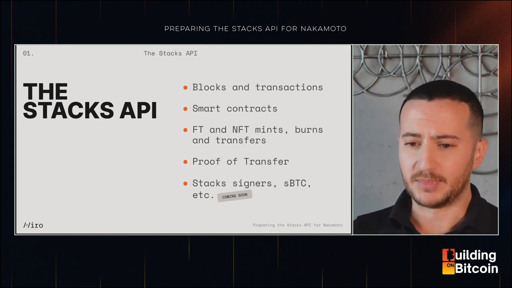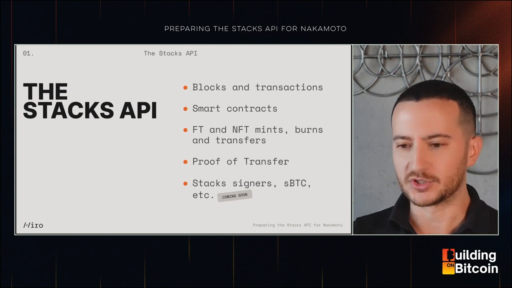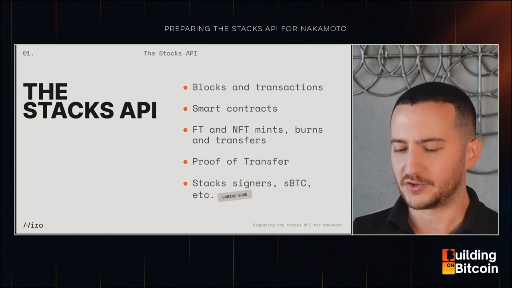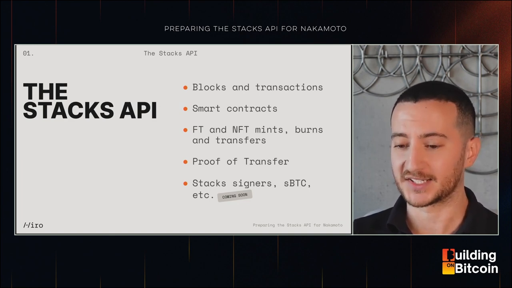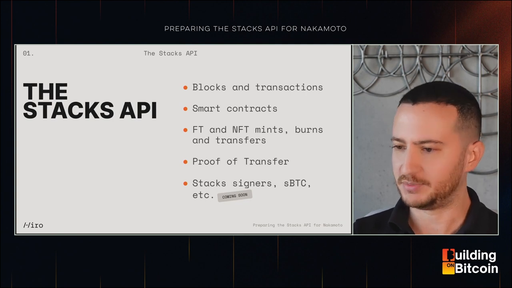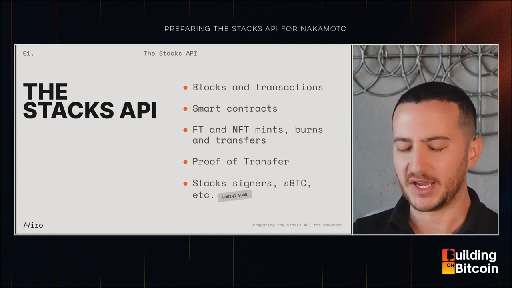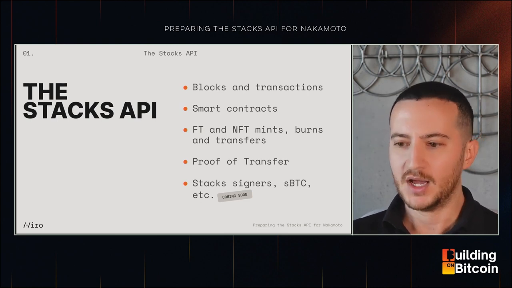You can see information about fungible tokens, non-fungible tokens, the proof of transfer mechanism. Actually, in the next coming versions, we'll expose data about Stacks signers on Nakamoto, SBTC, miner participation, and some other great things that we're working on.